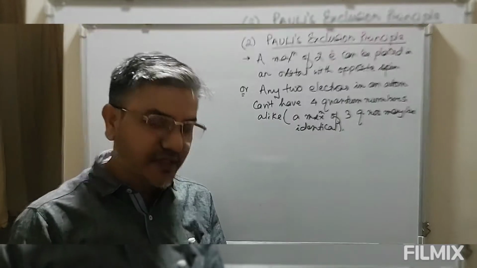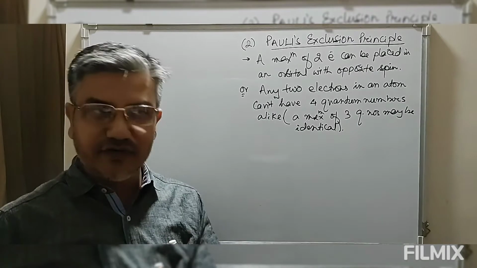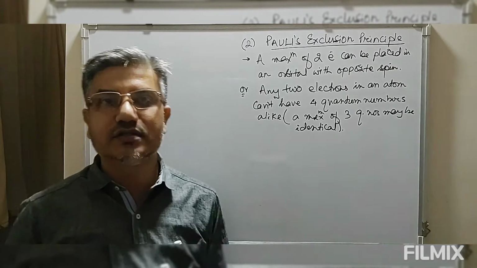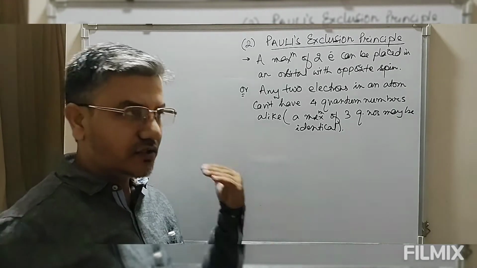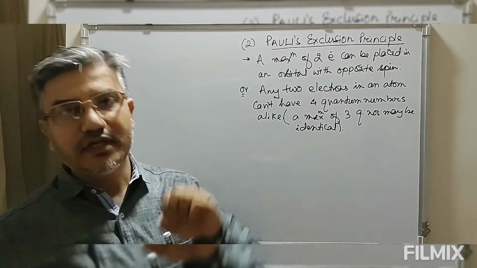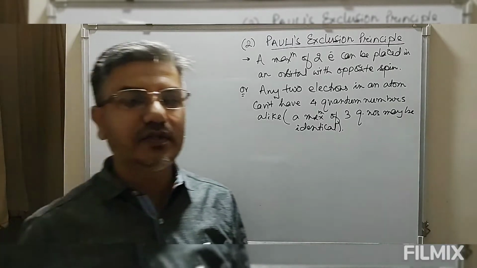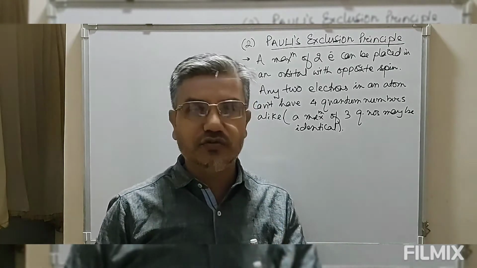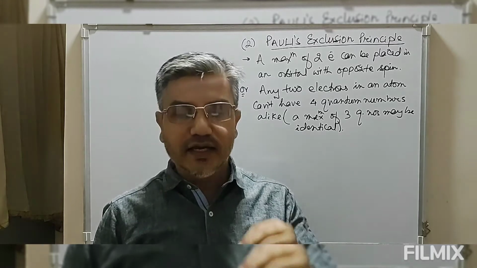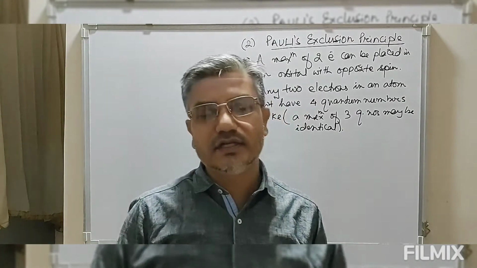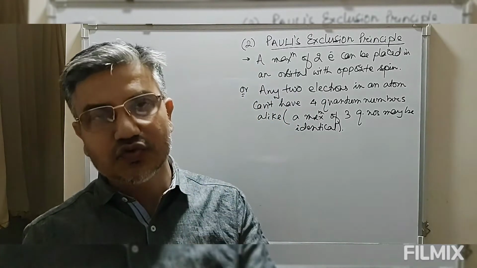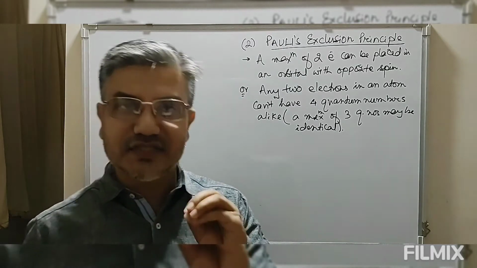So the first rule says we have to follow the energy order of various atomic orbitals while filling up electrons. The second rule says that while filling electrons in any atomic orbital, a maximum of 2 electrons should be placed, and these 2 electrons should have opposite spin.